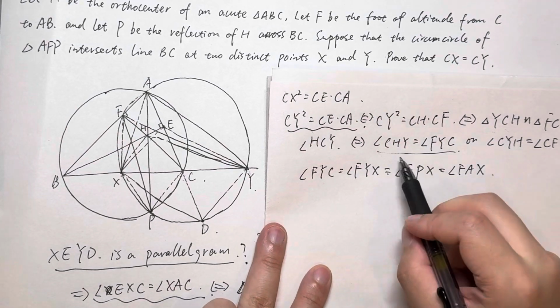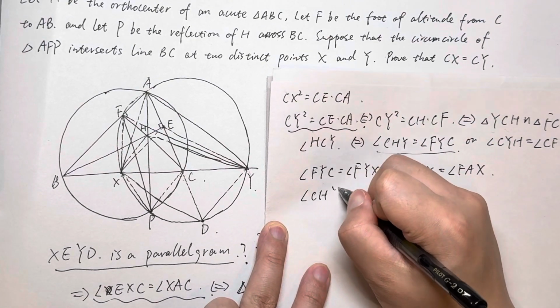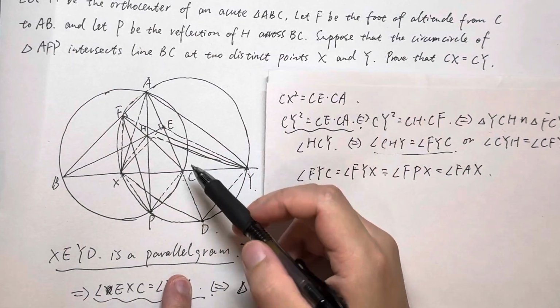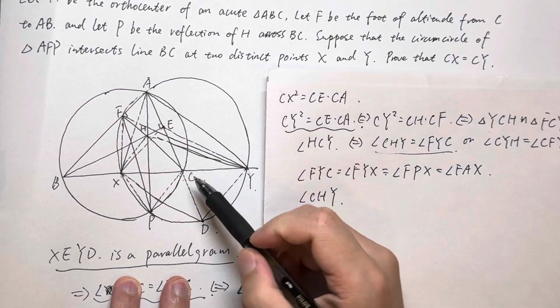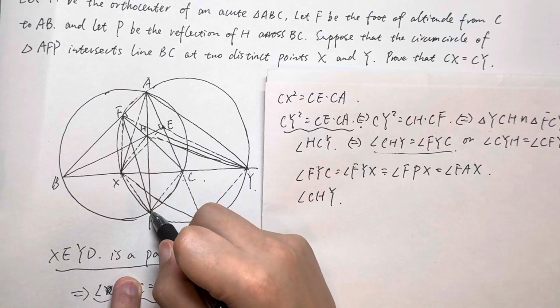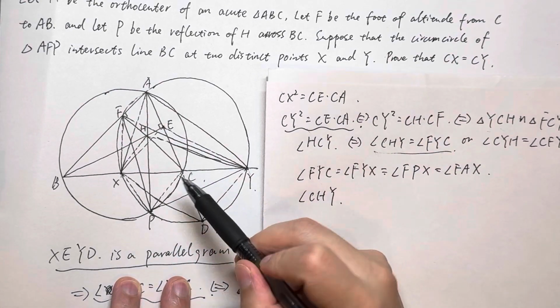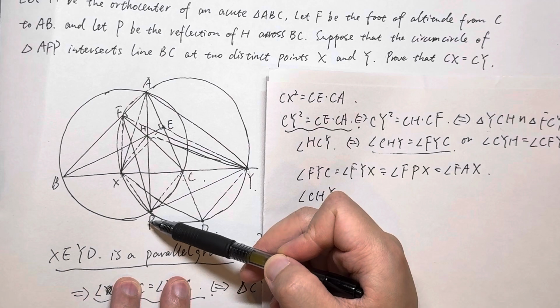And for the angle CHY, because H and P are symmetrical points, right?